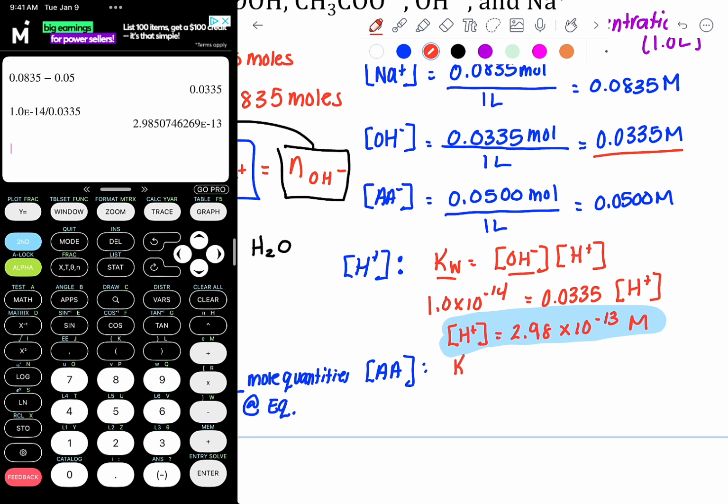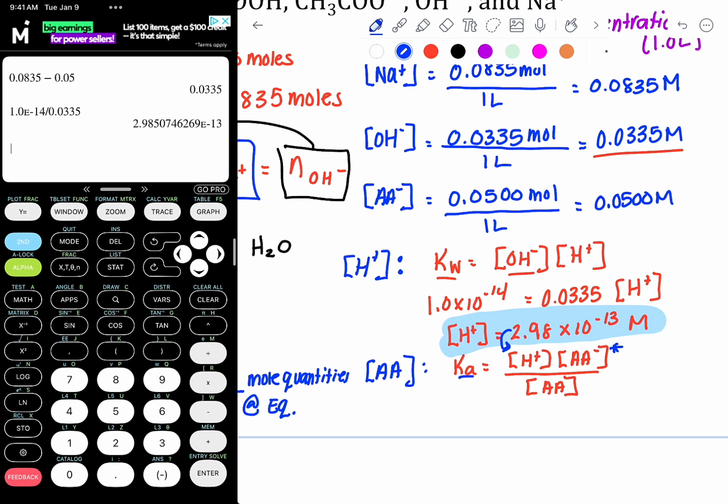We know that Ka is equal to H+ times acetate ion, divided by acetic acid. And we know Ka, we now know H+, and we also know the acetate ion concentration.